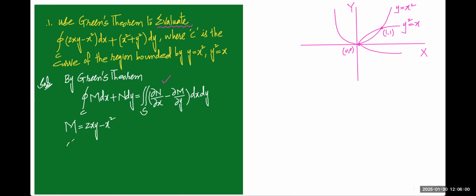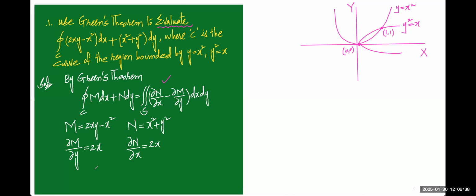Differentiating partially with respect to y, y becomes 1, so 2x into 1 means 2x only, and the derivative of x square with respect to y becomes 0. The value of n is x square plus y square. Differentiating partially with respect to x, x square gives 2x, and y square is constant so it becomes 0.